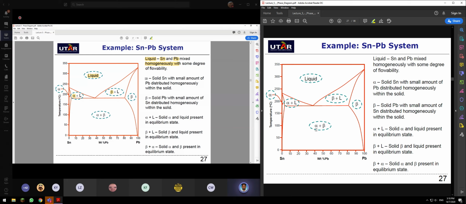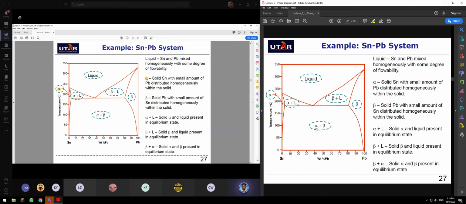Okay, now look at alpha, which is this alpha. Here, this line is solid tin with a small amount of lead distributed homogeneously within the solid.